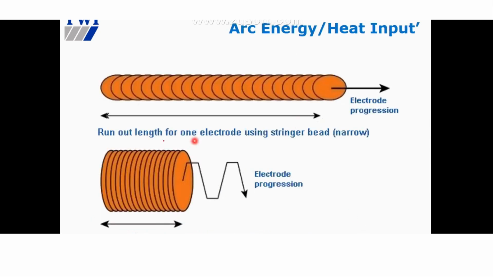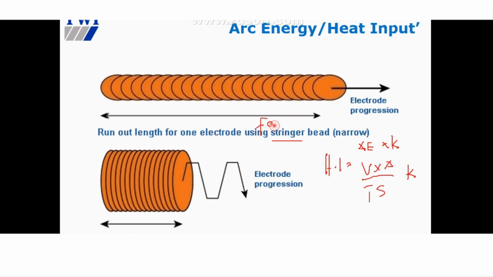And this one, we have stringer bead comparing to weaving. Okay? So what will be the effects? We know heat input equals arc energy times K. So now we have volt times amps divided by traverse speed, and then we got K. So if we use a stringer here, is it fast travel or slow travel?